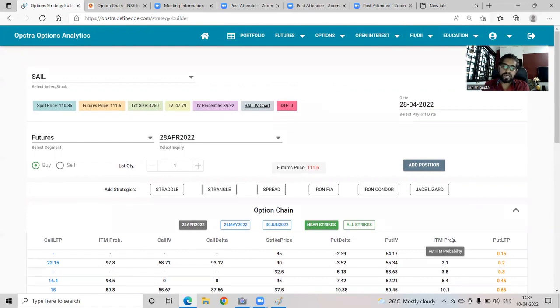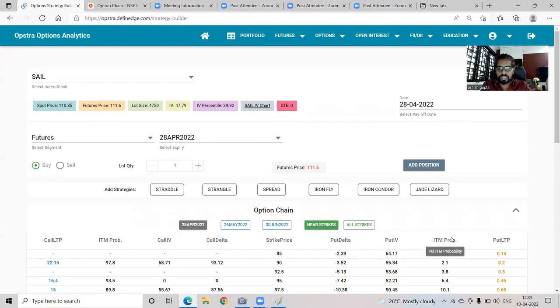This was in March, and the 400 call option in April was trading at 8 rupees, and the 250 put option in April was again trading at 7 rupees. One of them was trading at 767 and one of them was trading at 78. As you can see, the call option was still about 30% away, and the put option was not even 15% away. So there was huge skew on the call side.